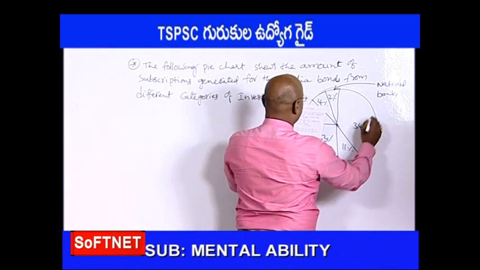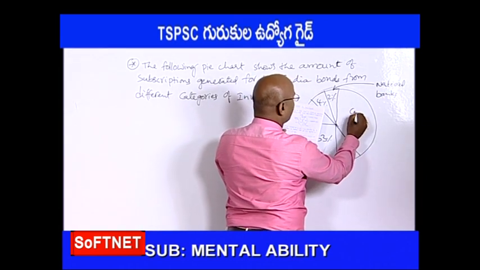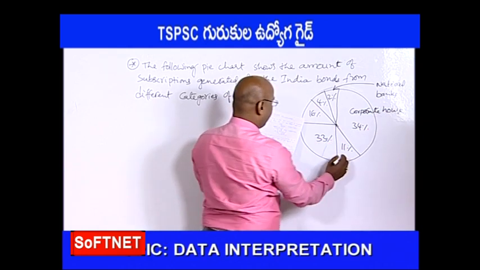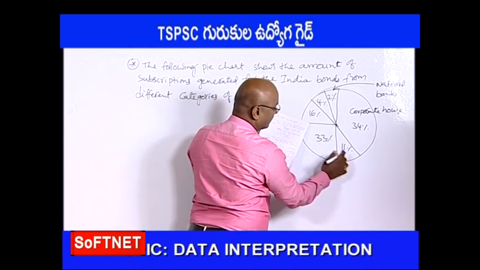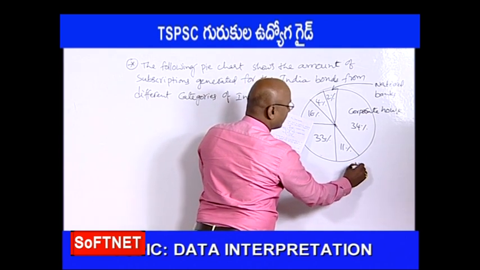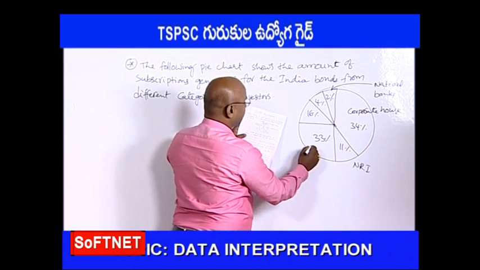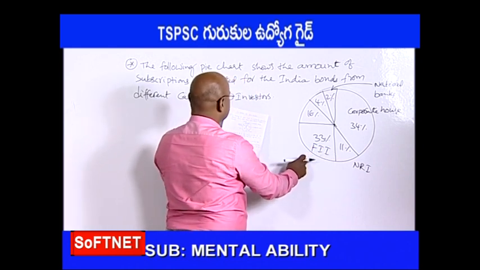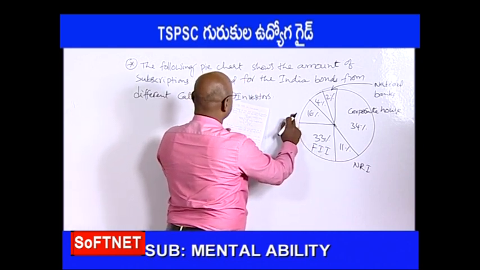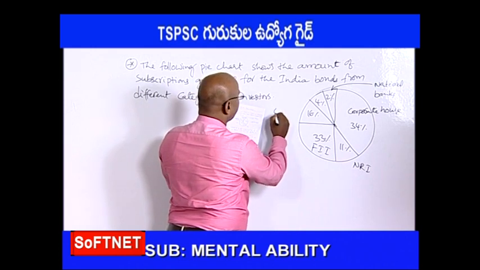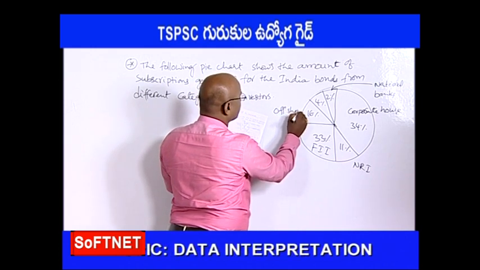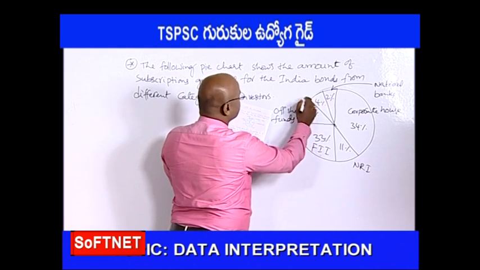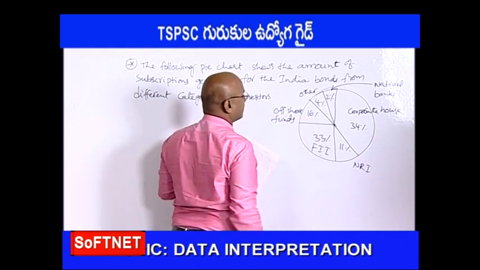National banks 2%, and 34% is corporate house, and 11% is raised from NRIs, and 33% is foreign institutional investments, FIIs, and 16% is raised from offshore funds, and this 4% is raised from other resources.